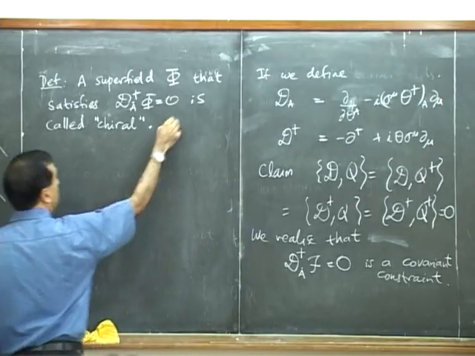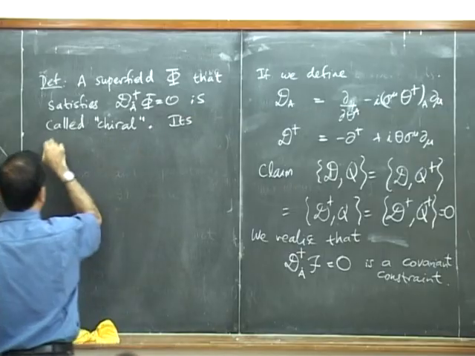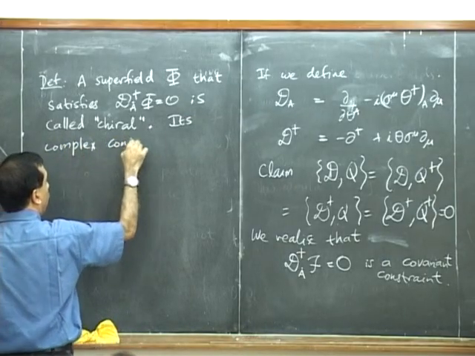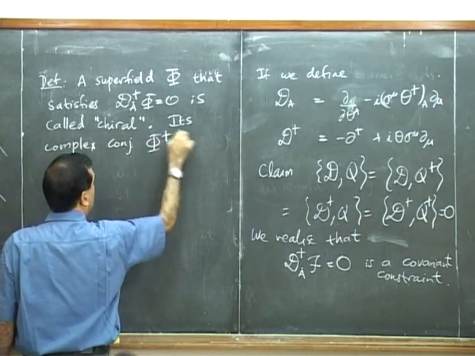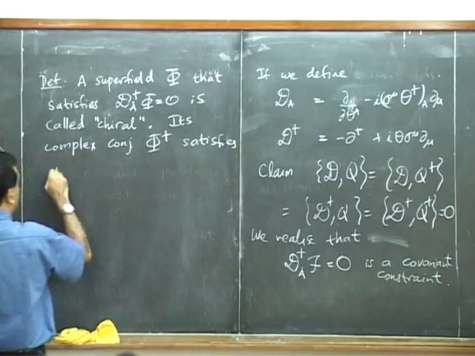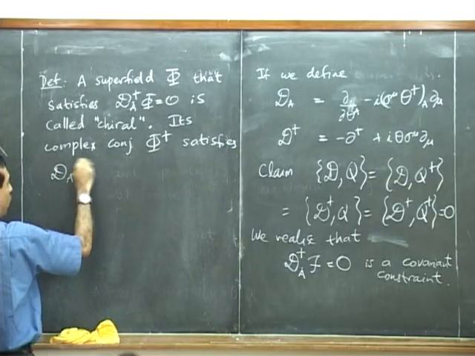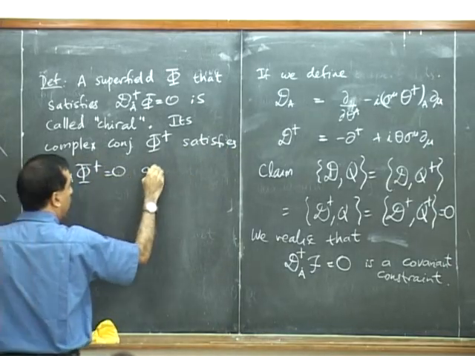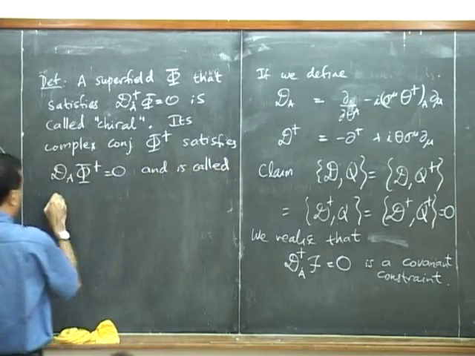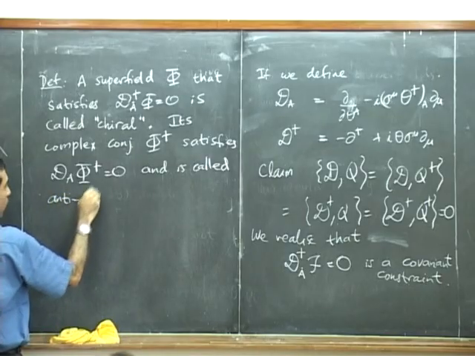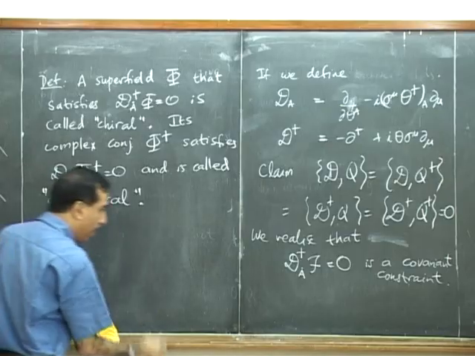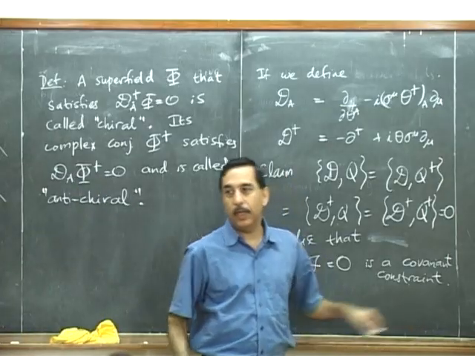And its complex conjugate, Phi dagger, satisfies the conjugate equation and is called anti-chiral. Good. Any questions so far?